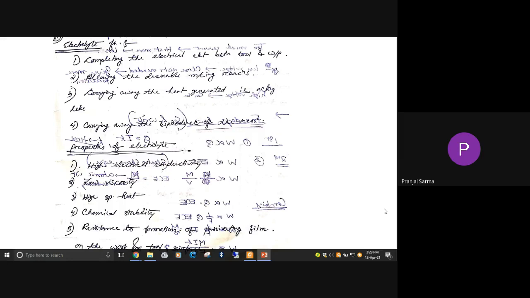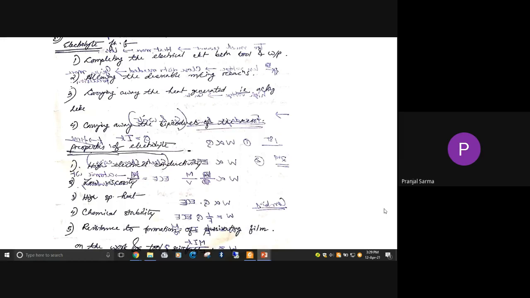Apart from that, it allows the desirable machining reaction to take place. Whenever heat is generated, the electrolyte also acts somewhat as a coolant and carries away the generated heat, as well as the byproducts of the reaction. Some desirable properties: it has to have high electrical conductivity, low viscosity, and high specific heat.